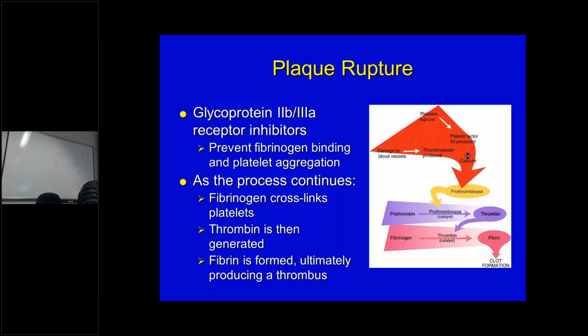So they are COX-1 and 2 inhibitors, both aspirin and, what am I thinking? Plavix. Yes, Plavix. Plavix is kind of a cousin of aspirin. They are COX inhibitors, so they inhibit part of the cascade.